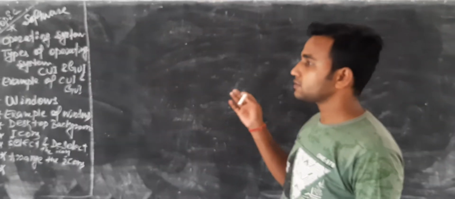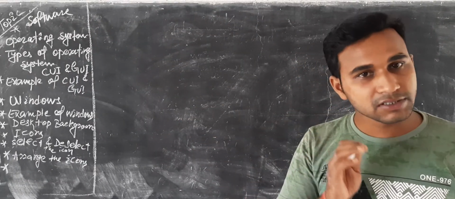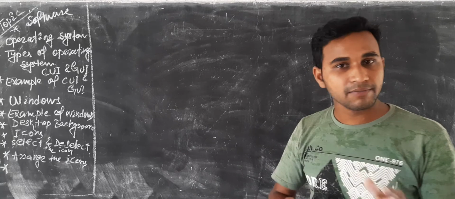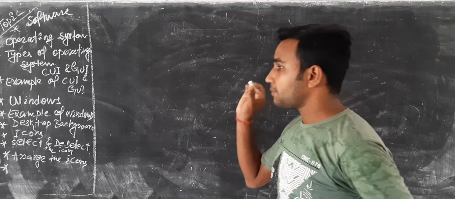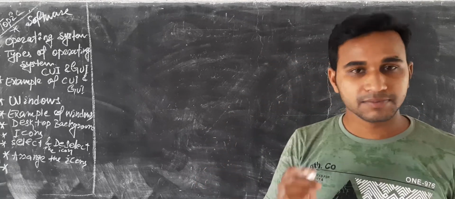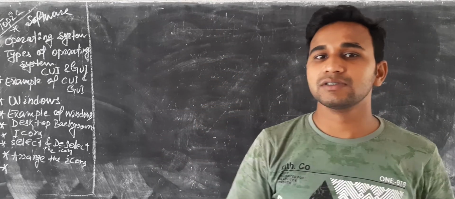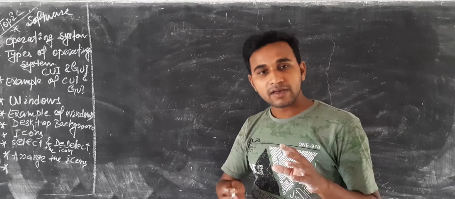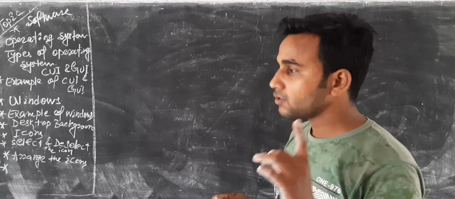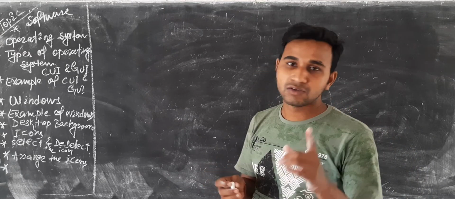System software operates our computer system with the help of hardware, and application software is like VLC player and Google Chrome. Another name for it is apps, which you simply use on your phone.